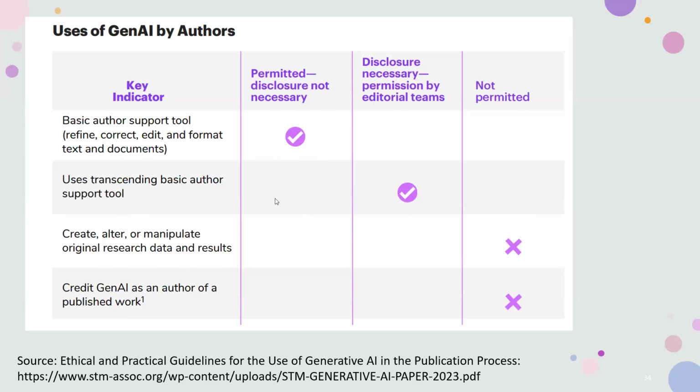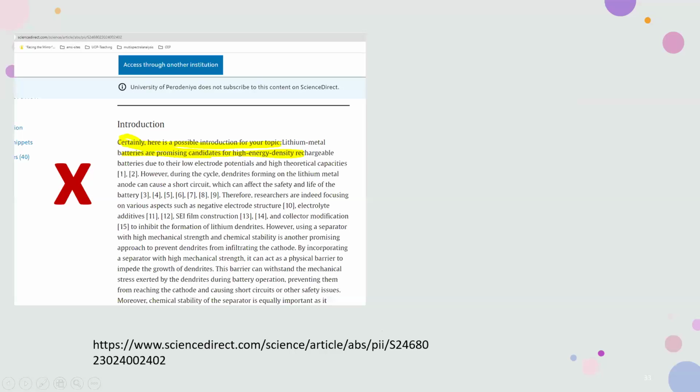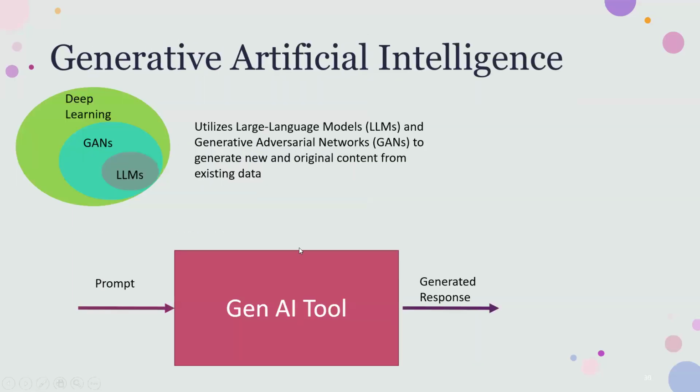If I spend a few more minutes here, as I said, these large language models are essentially deep neural networks that have been trained on a large amount of data. That data can be already published publications.